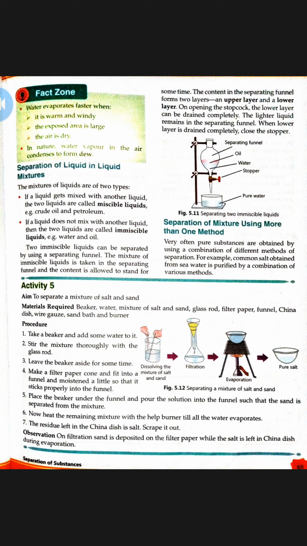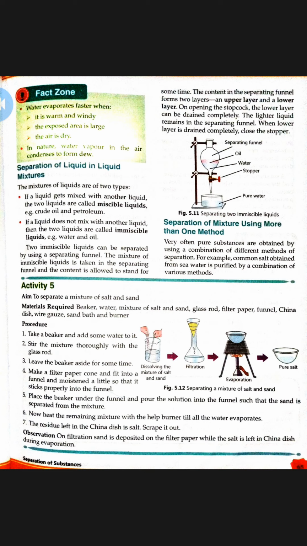The mixture of immiscible liquids is taken in a separating funnel and the content is allowed to stand for some time. The content in the separating funnel forms two layers, an upper layer and a lower layer.